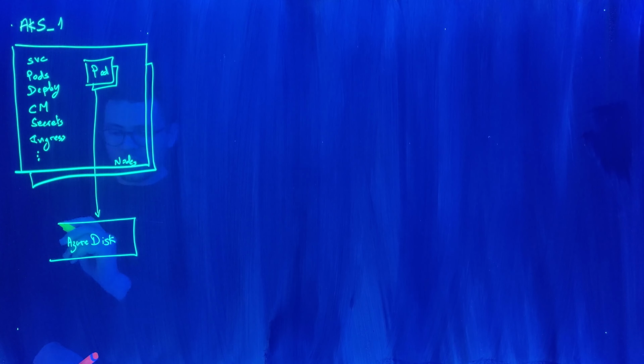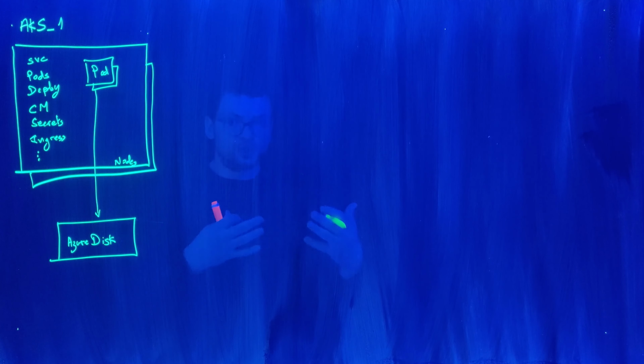Here I'll be mentioning only the Azure Disk because as of today the AKS backup supports only the Azure Disk. The other persistent volumes like Blob and file shares are not supported, and those resources have their own tools to create backups. So let's talk here about the Azure Disk and those resources.